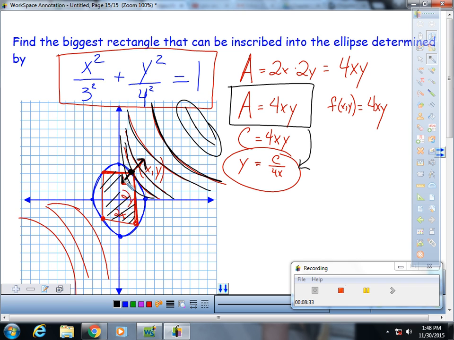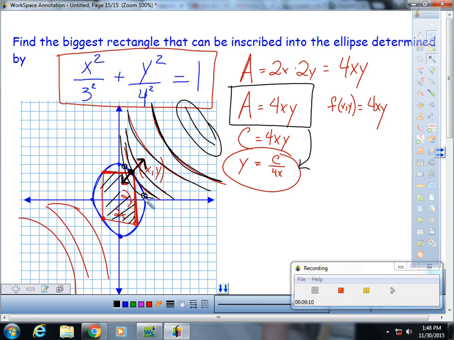This hyperbola here that actually cuts through our ellipse at 2 points would represent an answer that gives us an amount of area that is not optimized. And I think it means there's two different values of x and y that we could choose to get that same area.